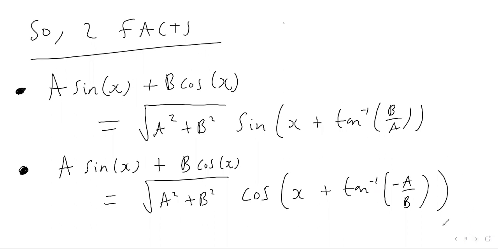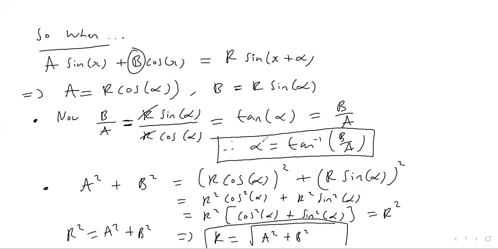So let's look at a summary of what we just did. A times sine x plus B times cos x is equal to the square root of A squared plus B squared times sine of x plus tan inverse of B over A, using the result that we got down here.